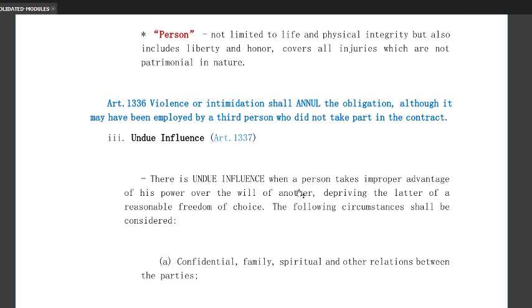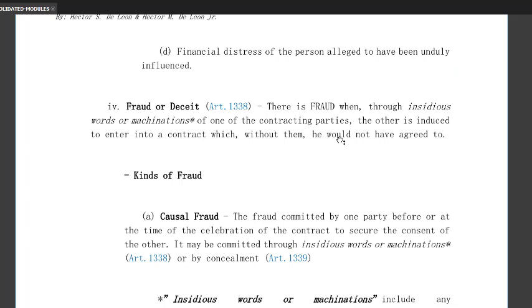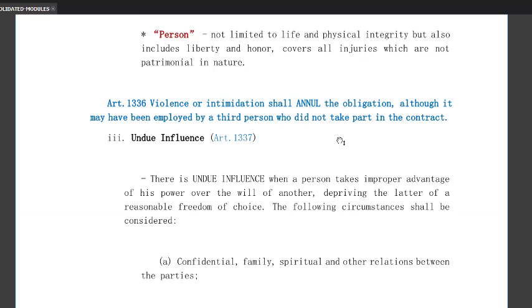1336, it's undue influence. Violence or intimidation, ito na yun. Undue influence under 1337. Ano ba yung undue influence? Under 1337, there's undue influence kapag a person takes improper advantage of his power over the will of another, depriving the latter of reasonable freedom of choice.